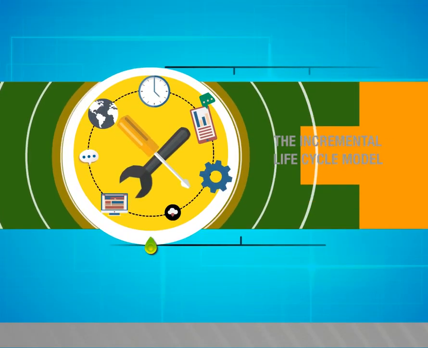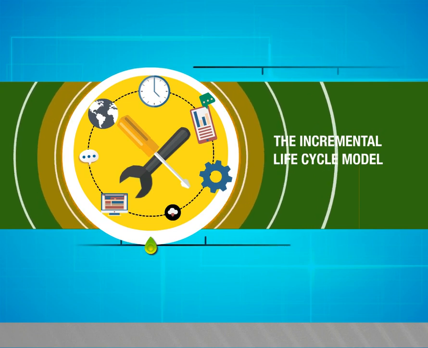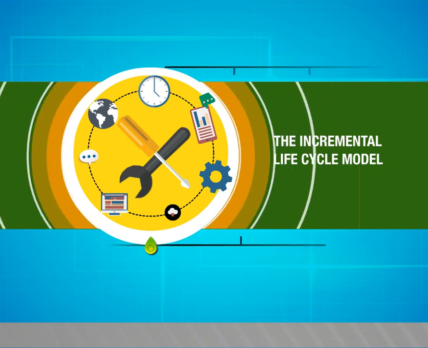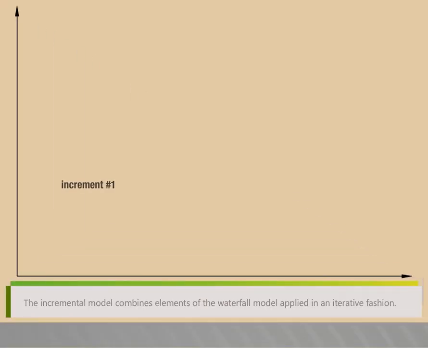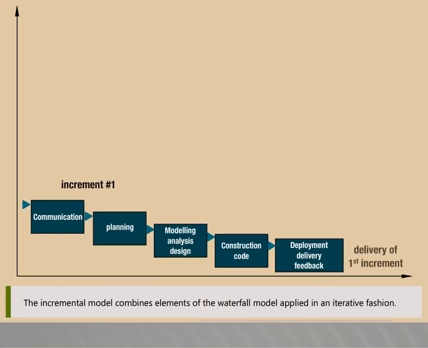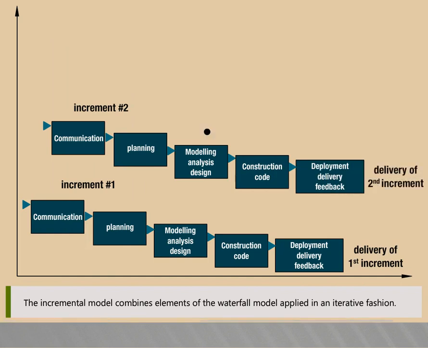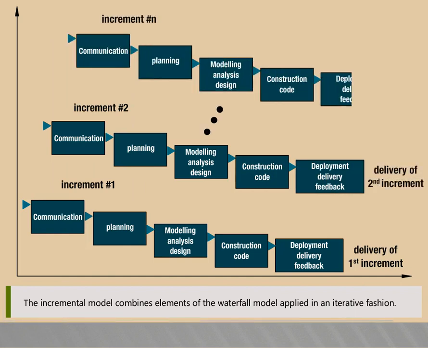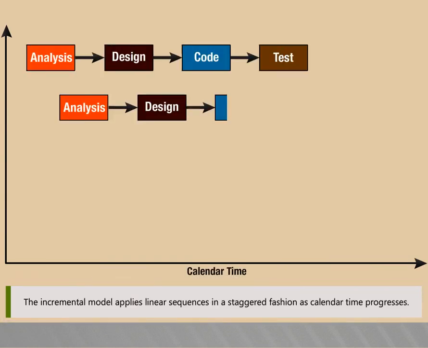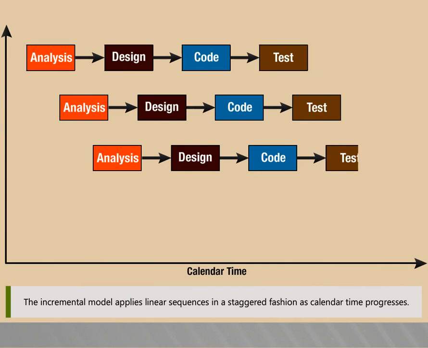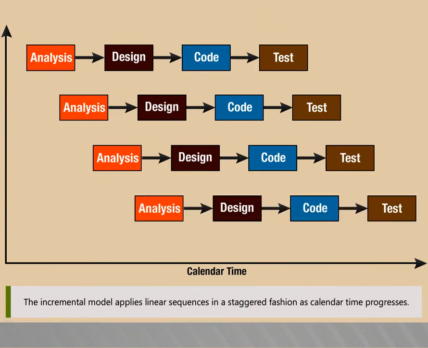The Incremental Lifecycle Model. In this video, we are going to see about the Incremental Lifecycle Model. The incremental model combines elements of the waterfall model applied in an iterative fashion. The incremental model applies linear sequences in a staggered fashion as calendar time progresses.